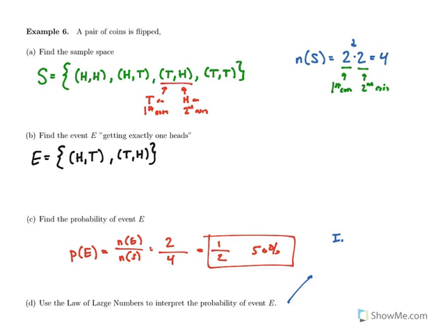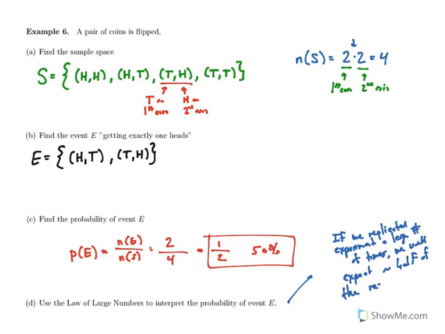It's that if we replicated this experiment a large number of times, we would expect about half of the results to have exactly one head.